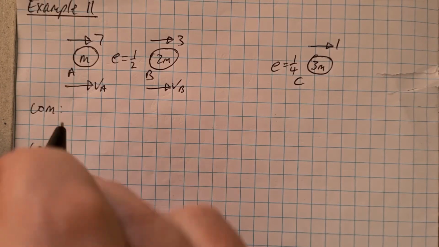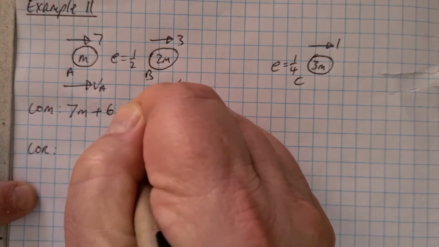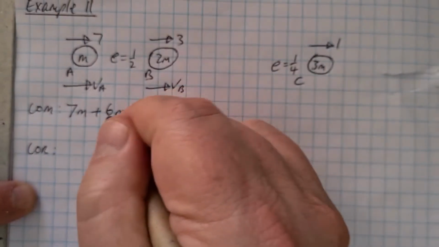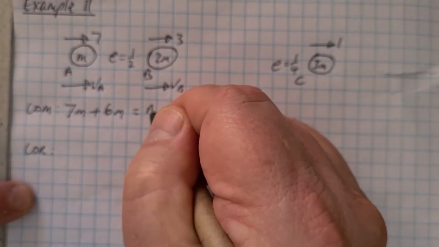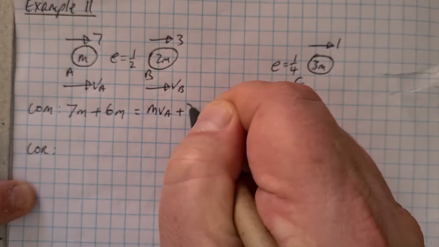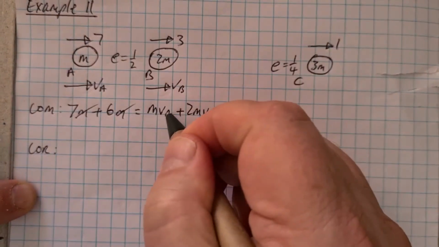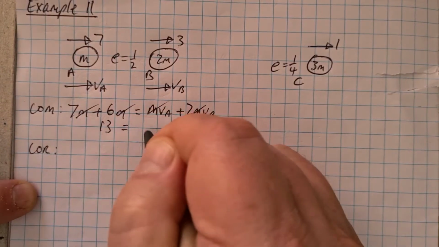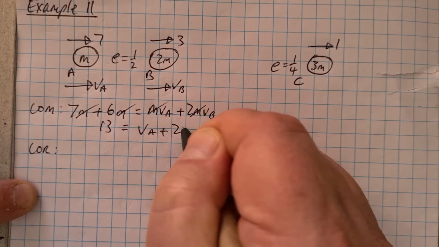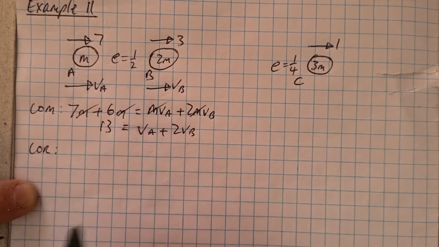So the conservation of momentum tells us that we have 7m plus 6m, 3 lots of 2m, that's the total momentum before the collision, equals the momentum after. So mVA plus 2mVB. Again, we can divide the equation by m, and that leaves us with 13 equals VA plus 2VB.